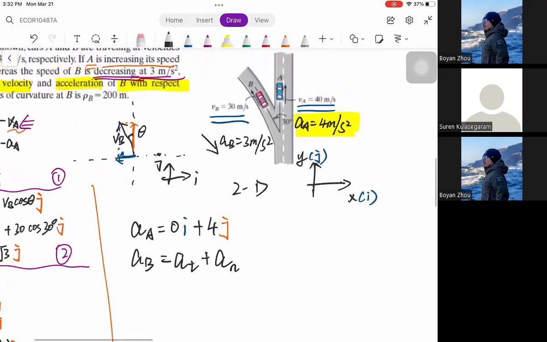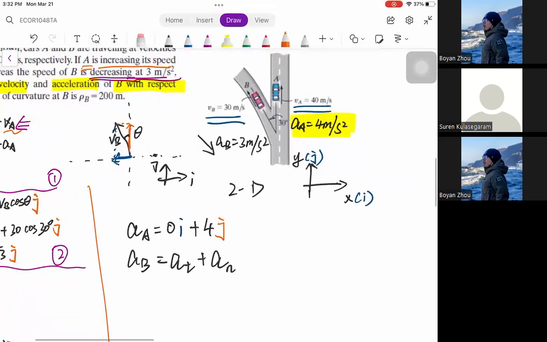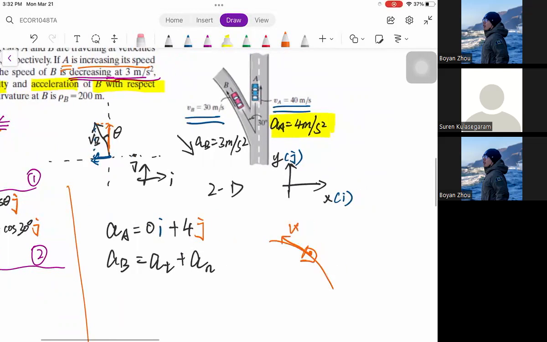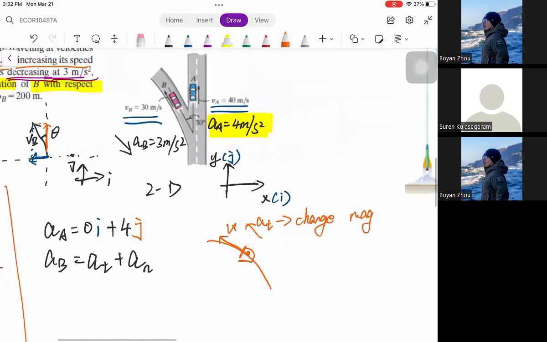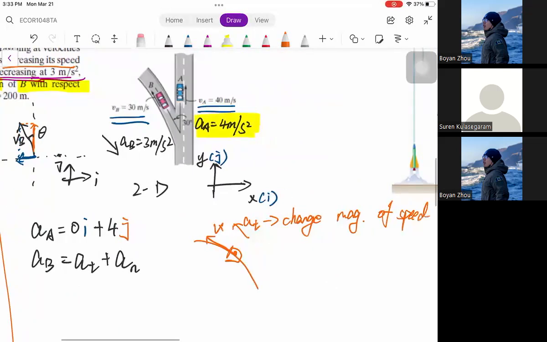For me, how I understand it, a particle moving on a curve has two acceleration components. For anything on a curve, if the speed is changing, there must be an acceleration to change the magnitude of the speed. So the tangential acceleration is for changing the magnitude of the speed. And also since the car is moving on a curve, the direction of the speed is also changing.